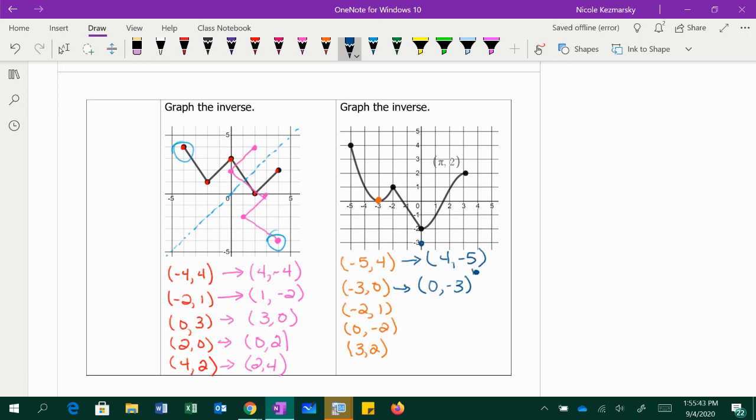So I'm going to kind of give it a squiggle. Doesn't have to be perfect. Actually, it should go the other way now that I'm looking at it. So we want to make sure it goes this way as my hand shakes a little bit. Then we're going to have 1, comma -2. So 1, -2.